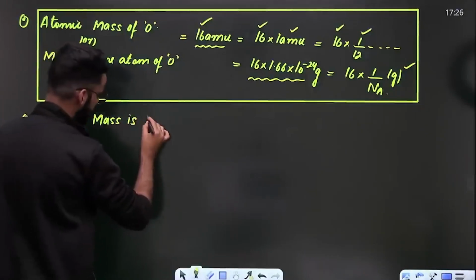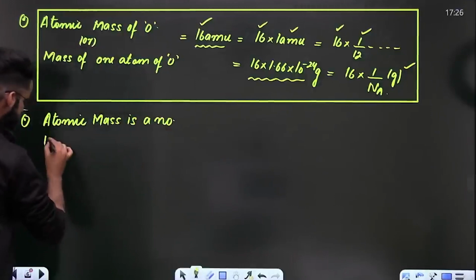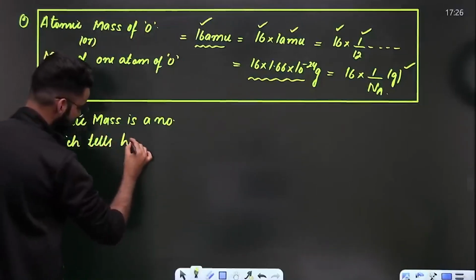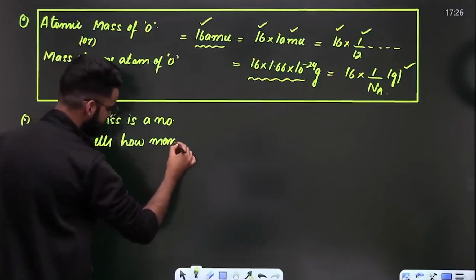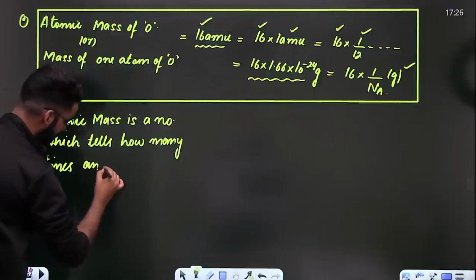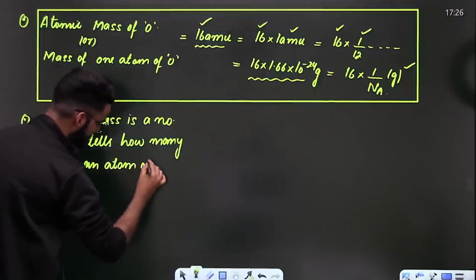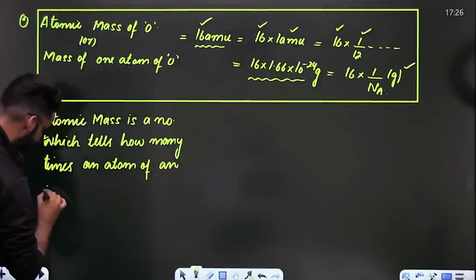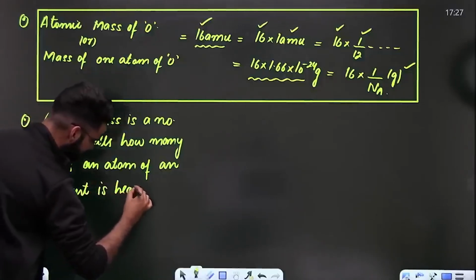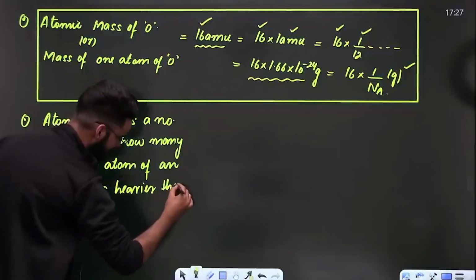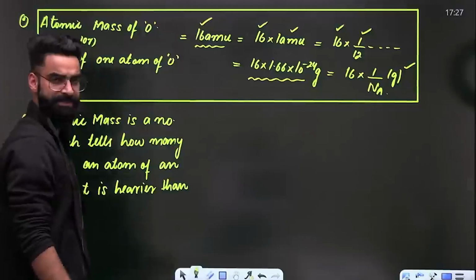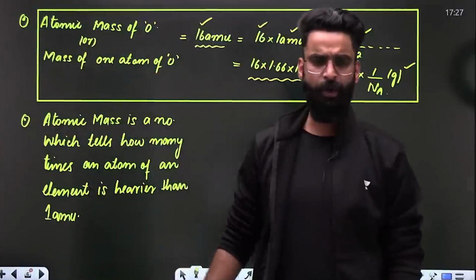Atomic mass is a number which tells how many times an atom of an element is heavier than 1 AMU.